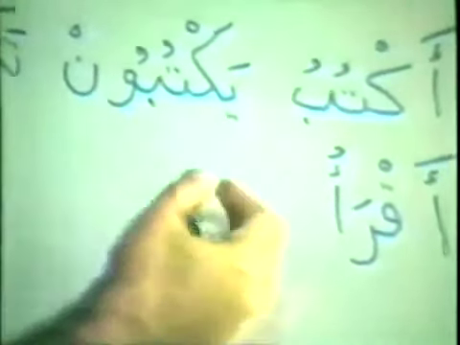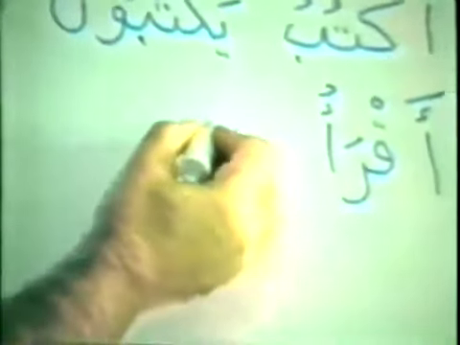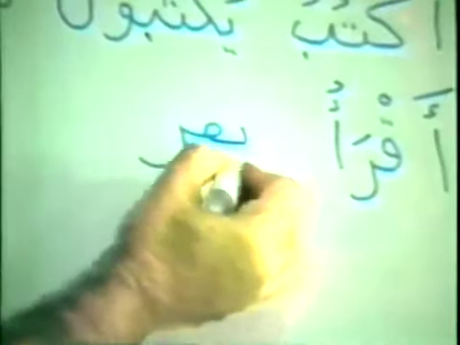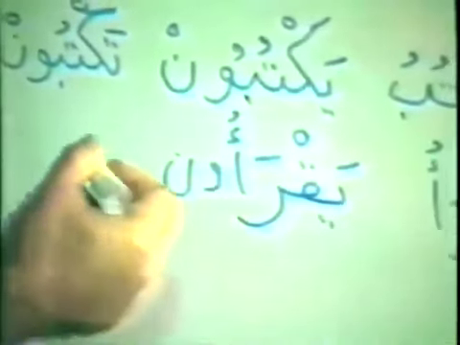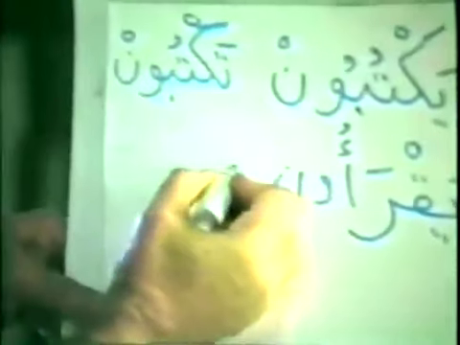This is أقرأ. Now, the plural for they write is يكتبون. For they read would be يقرؤون. Can you see the similarities? It's very easy. Don't let it scare you at first. يقرؤون. This means they read. Now, you read, you plural would be تقرؤون.